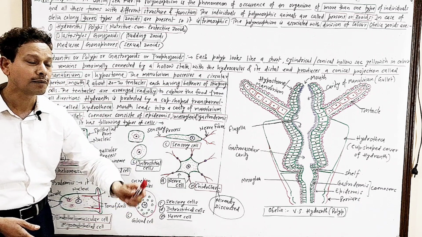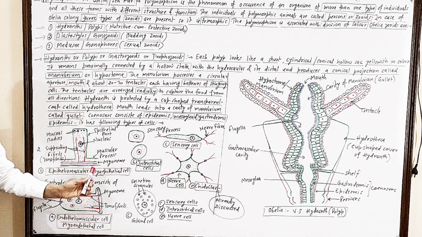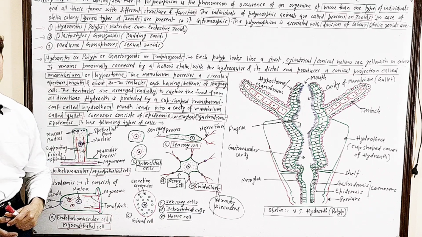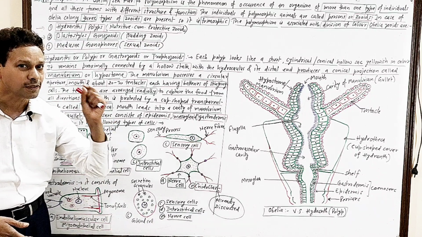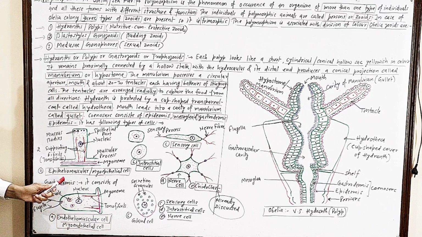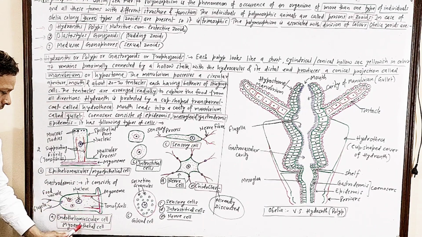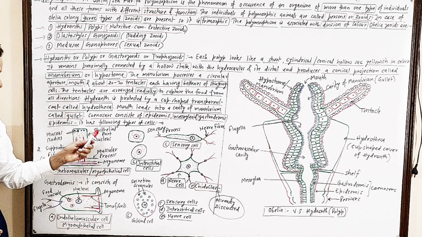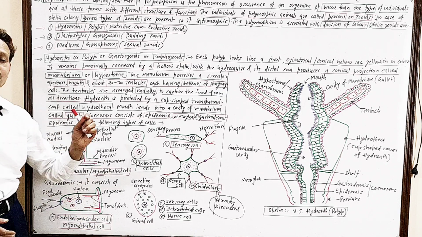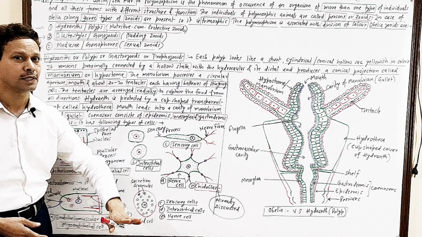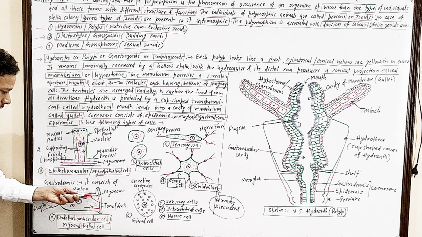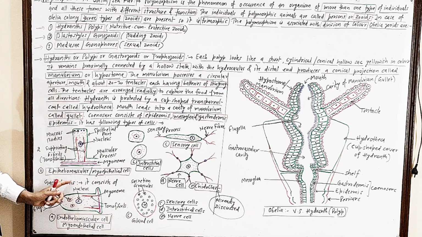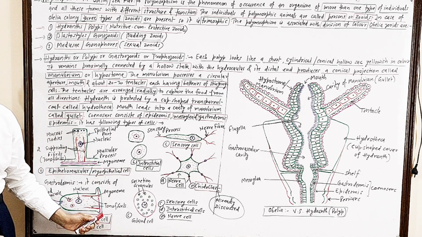Now, the different types of cells present in the gastrodermis. This gastrodermis possesses the following types of cells. First type is the endothelial-muscular cells. These cells resemble the epitheliomuscular cells of the epidermis, having two parts, an epithelial part and a muscular part.